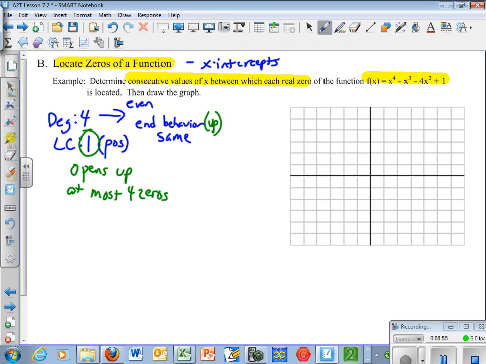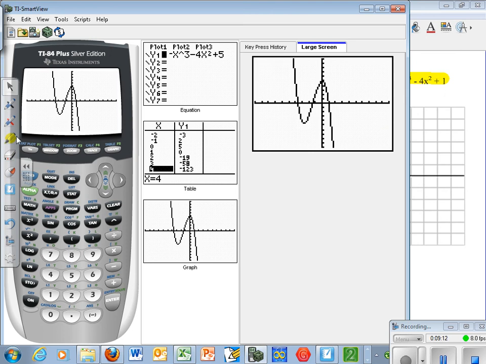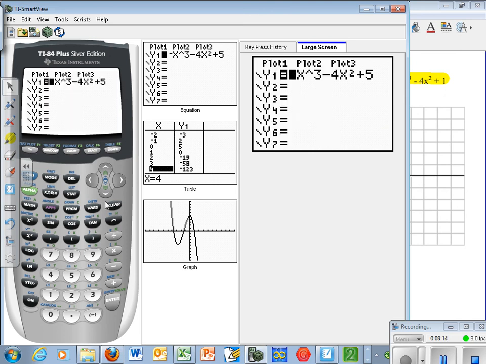So let's go ahead and plug this in and get our table. And again, if you don't have a graphing calculator, you're going to have to pick some values. I'd start at negative 4 or 5, plug them in, figure out your y values that go with them. But let's go to our graphing calculator. Let's go to y equals. Let's clear that one out.